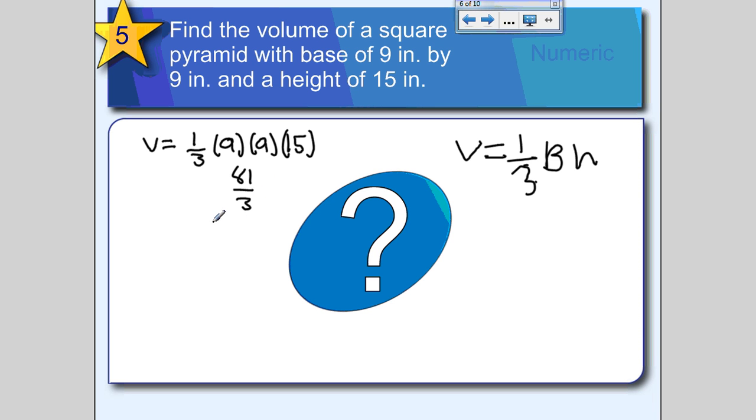3 into 81. 3 goes into 8 2 times, with 2 left over. 3 goes into 21 7 times. 27 times 15.